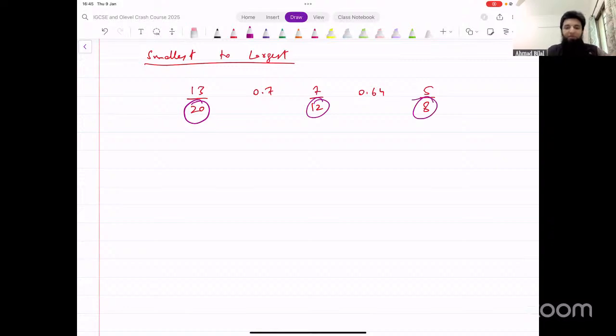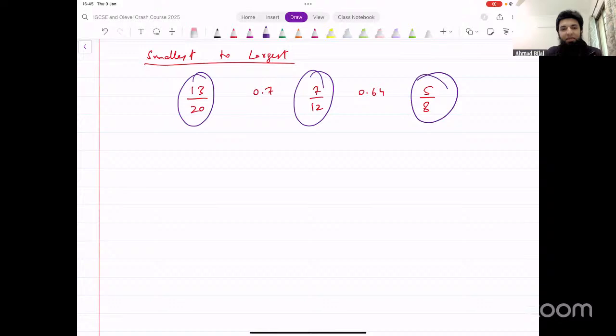Because if the denominators are not the same, then the comparison is going to be difficult. As I said, we either want all of them to be decimals or all of them to be fractions. Now, the problem with converting them to fractions, so generally what we try to do is whatever is the bigger number, for example, we've got 3 fractions.